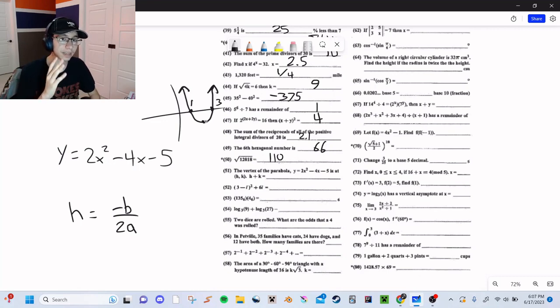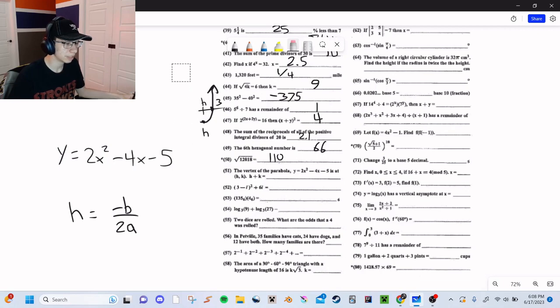It should be the average of the roots. It would be the two roots added divided by 2. And because the sum of the roots is negative b over a, I divide it by 2, I get the average. I get the x-coordinate of my vertex. So that's why negative b over 2a gets you the x-coordinate of your vertex.